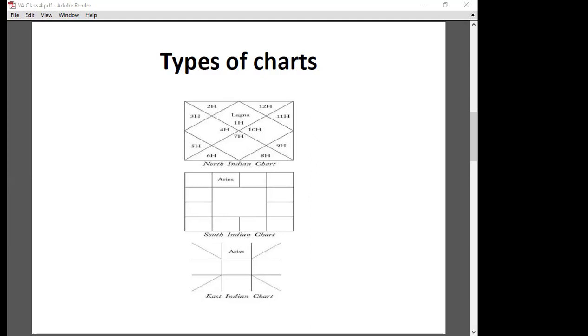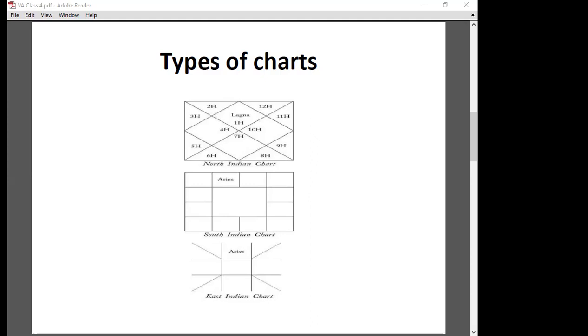They are the Vaishya signs. Then the air signs, that means Gemini, Libra, and Aquarius. They are the Shudra signs. And the water signs, that means Cancer, Scorpio, and Pisces. They are Brahmin by varna.